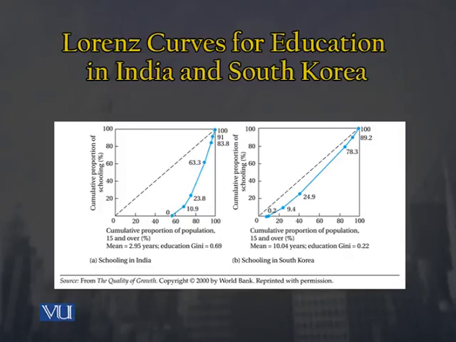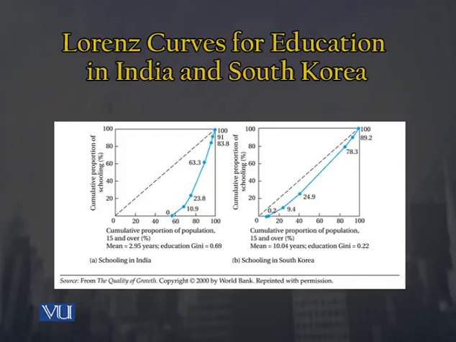So on the basis of these two curves, we can infer that the educational inequality is many times larger in India as compared to South Korea. Another important thing we see in this diagram is that the mean years of education in India is estimated as 2.95 years, and the education Gini value has been calculated as 0.69 for India.